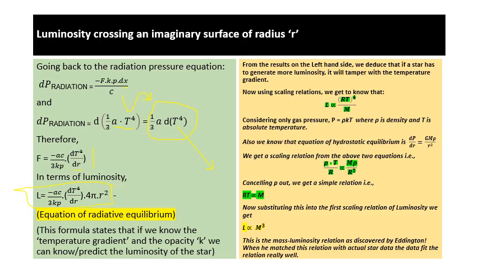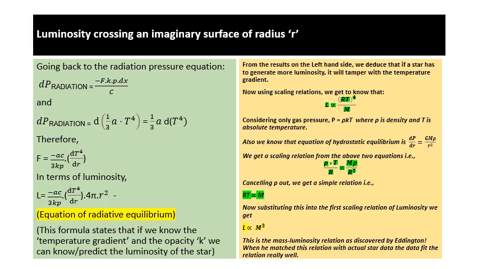So what does this formula state? It states that if we know the temperature gradient, which is this quantity, and the opacity, kappa, the mass absorption coefficient per gram, we can predict the luminosity of the star. So from the results on the left hand side, we will do some scaling relations.